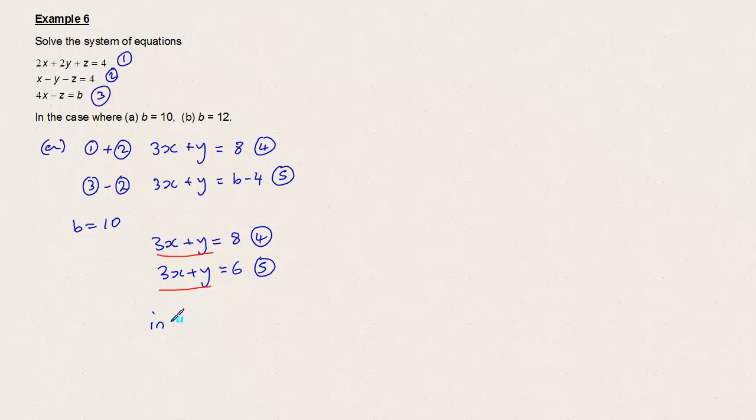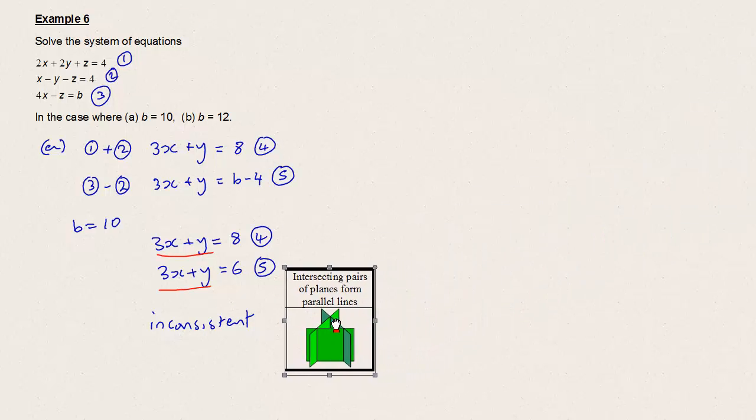We say that these equations are inconsistent. And in this case, we get no solutions, and the picture is the Toblerone box, like so. We can see that none of these are parallel or anything like that, so it's like this, and we get no solutions at all.